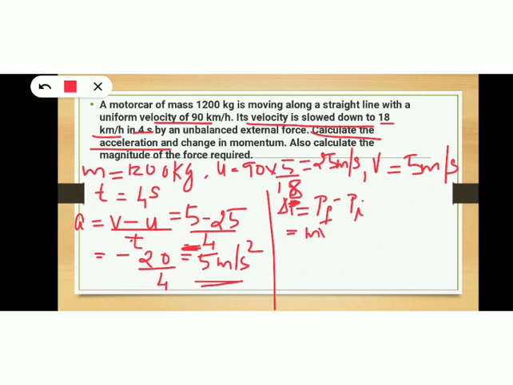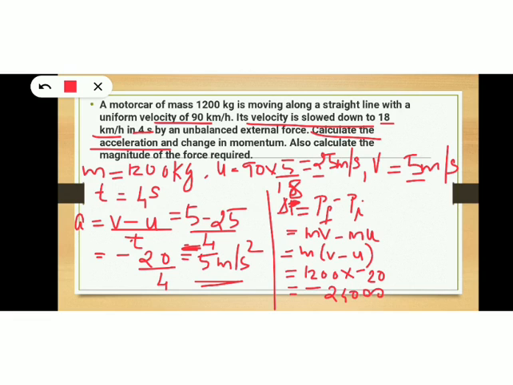That means mv minus mu, m is a common factor, so change in momentum is m into (v minus u), which is 1200 into (v minus u). v is 5 and u is 25. v minus u is 5 minus 25, that is minus 20, and that will be equal to minus 24,000, isn't it?